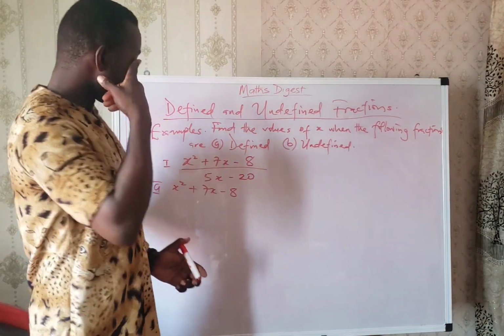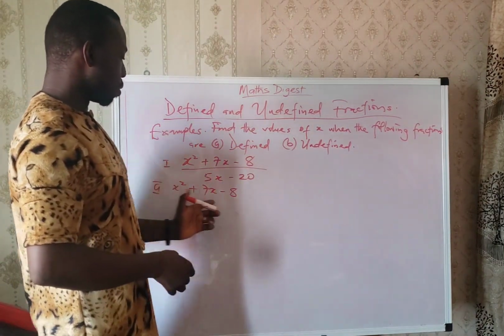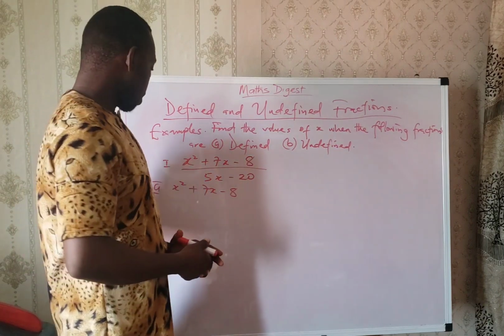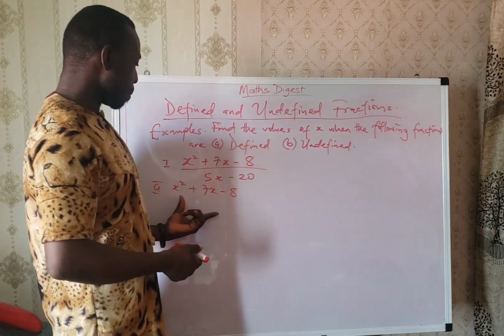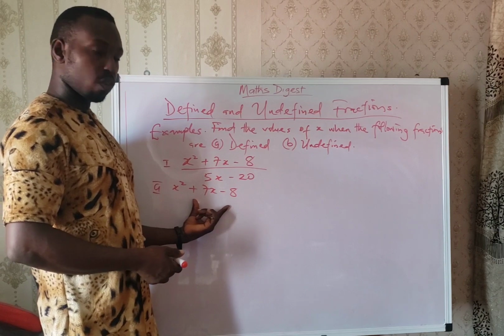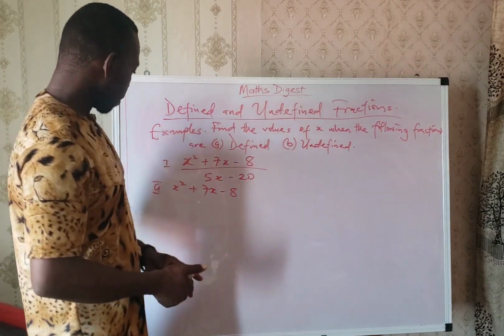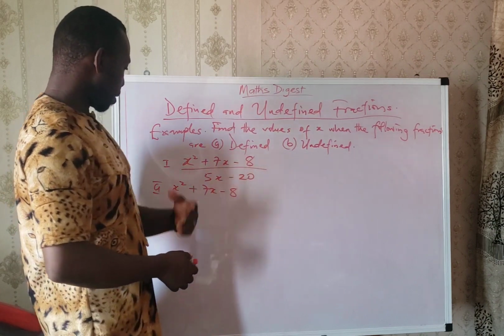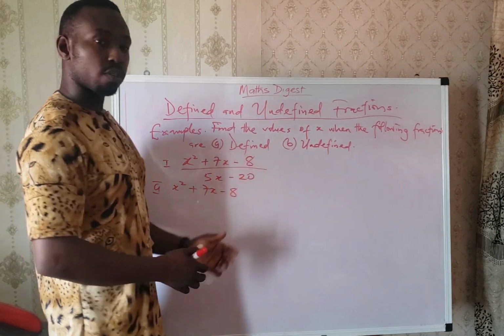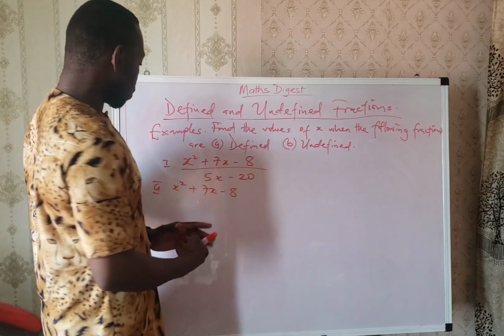Viewers, at this point we're going to use factorization by the scissors or trial and error method on this, because we have this quadratic expression. Now we're going to equate it equal to 0.